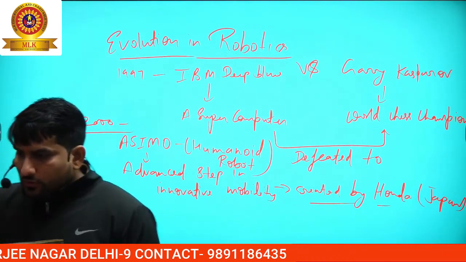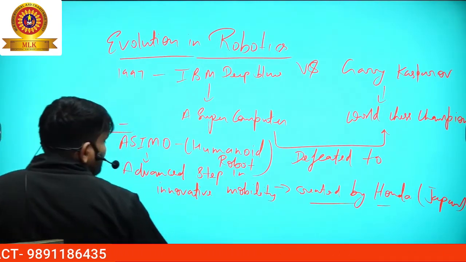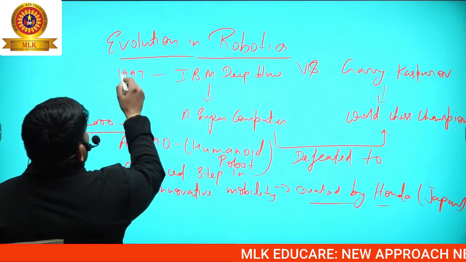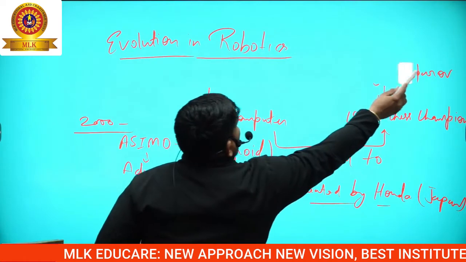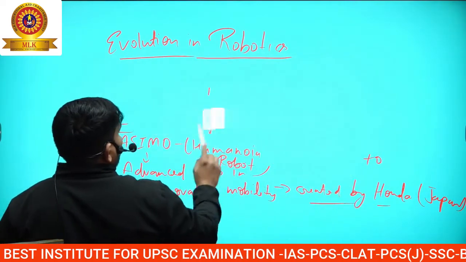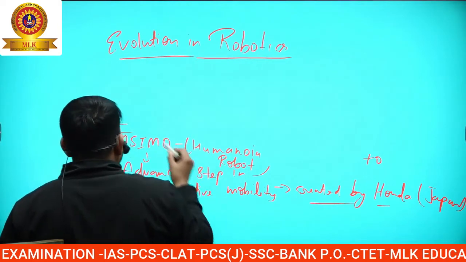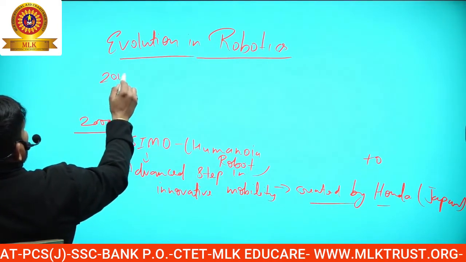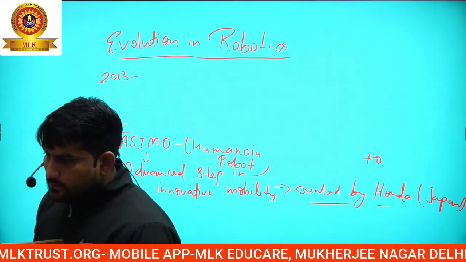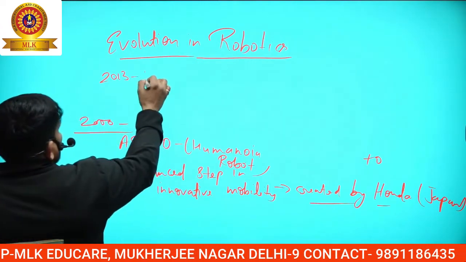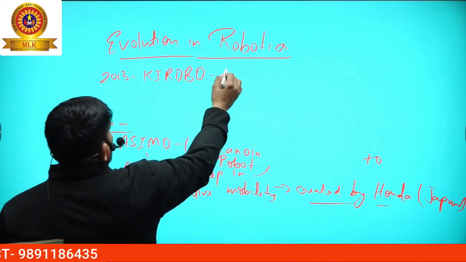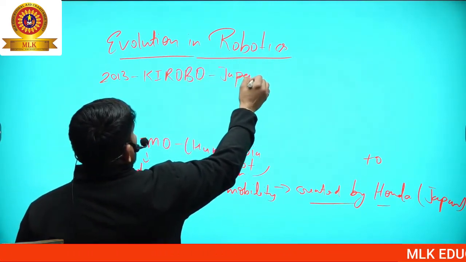So by the year of 2013, there is the next robot. This is Kirobo by Japan.